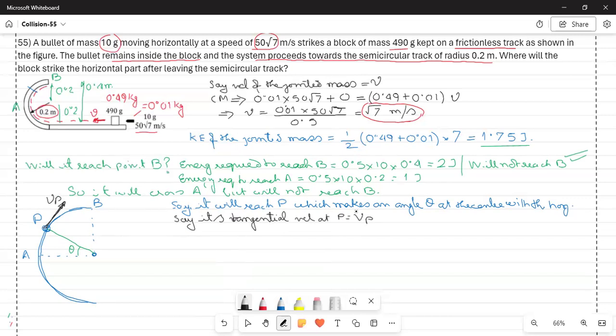So its tangential velocity at t is equal to vt. Right?